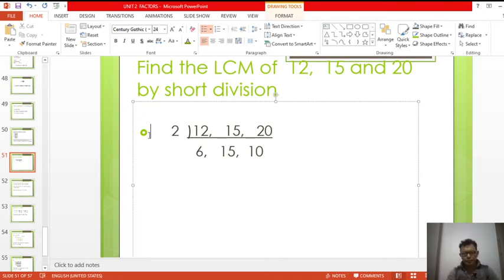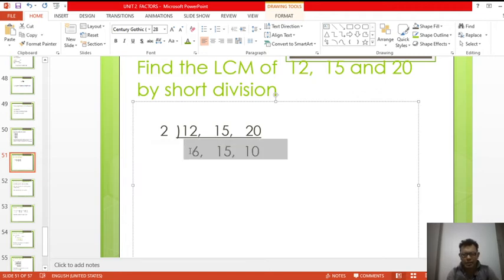After this, the next thing you gotta do is to find another divisor. Draw first the reverse division sign.